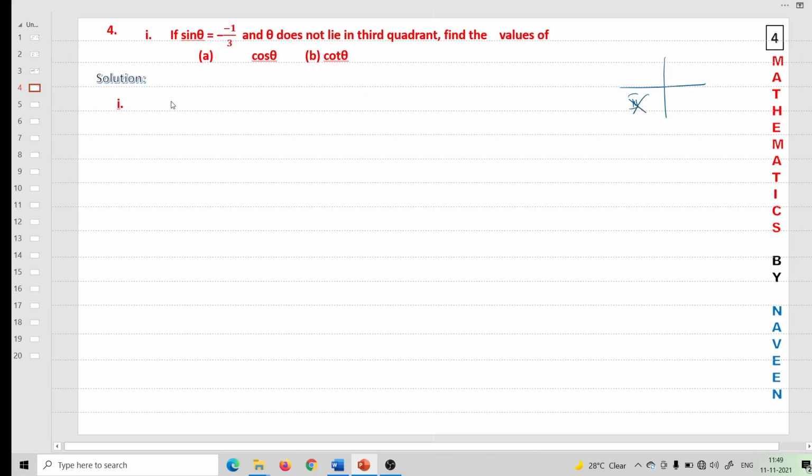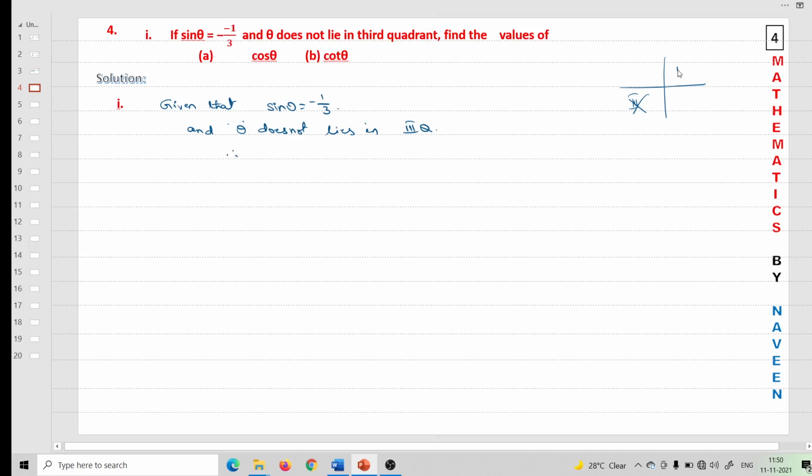Solution: given that sin theta is equal to minus 1 by 3 and theta does not lie in the third quadrant, right? Therefore, sin theta value is negative.